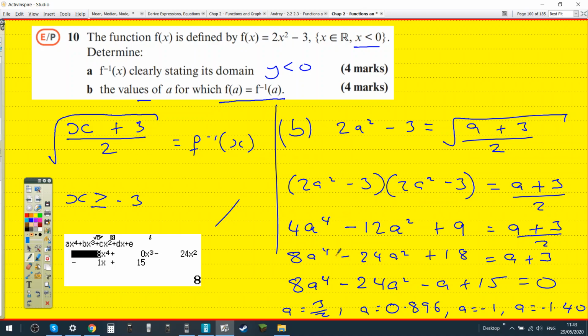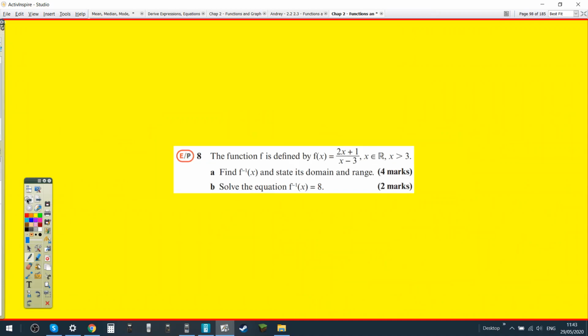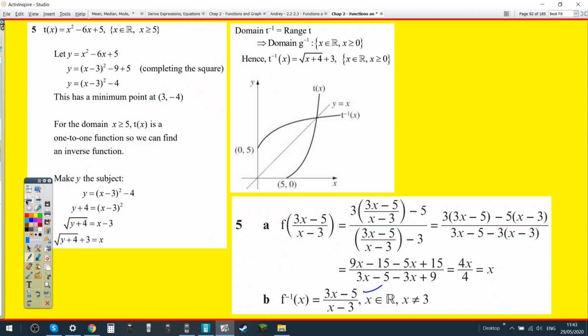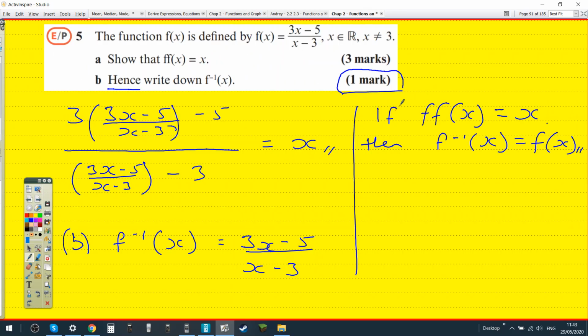So we ended up getting 4 answers. Could we do it by substitution? No, I think we just need to remember that. Let me go back. It comes from this thing here, this thing on the right. If f of x is equal to x, then these are equal to each other. And same thing backwards.